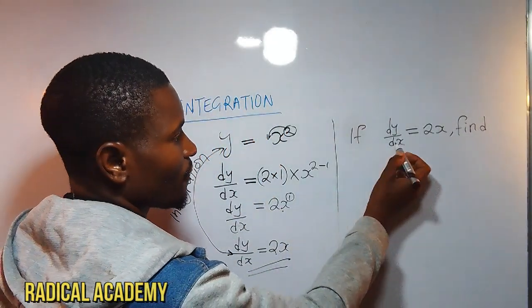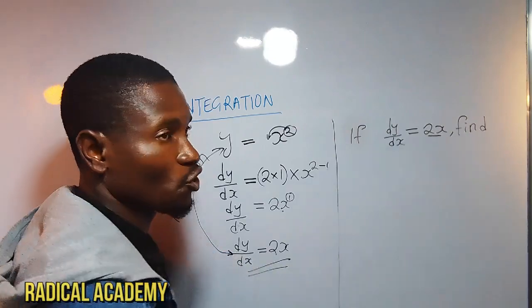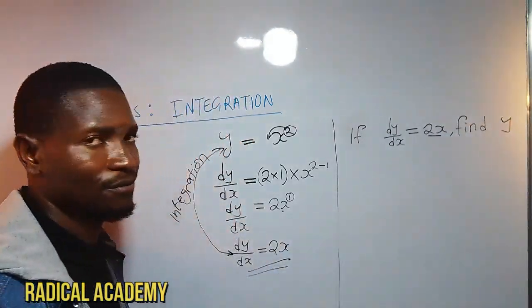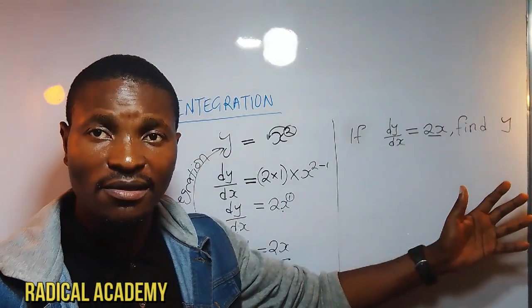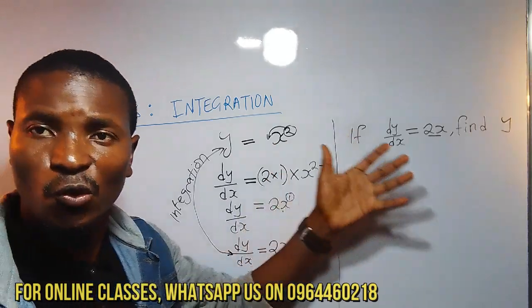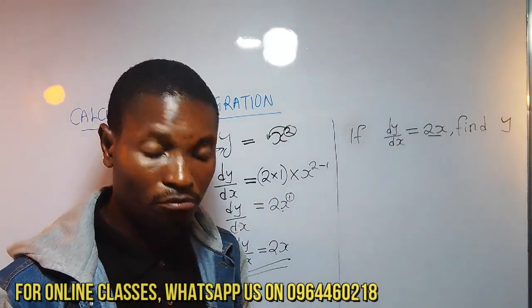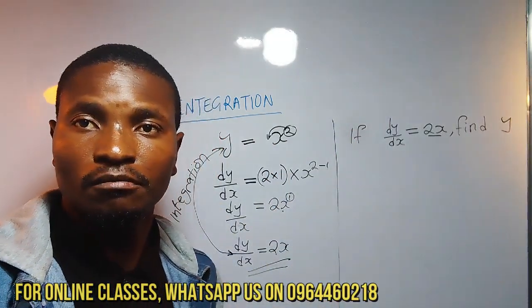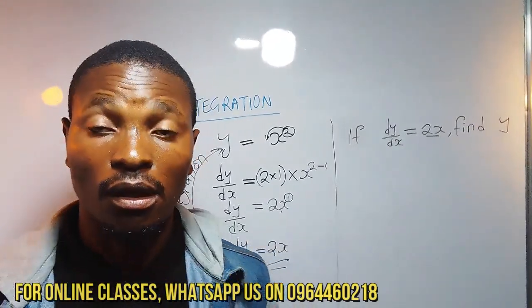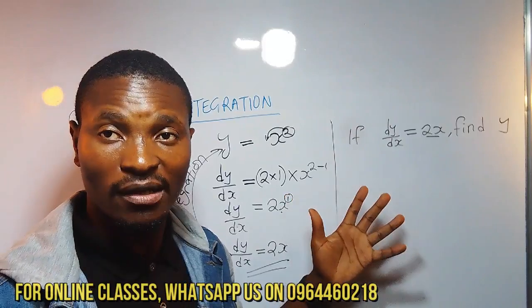So we are saying if dy/dx equals 2x, find y. All we are saying is find this y, which is x squared.